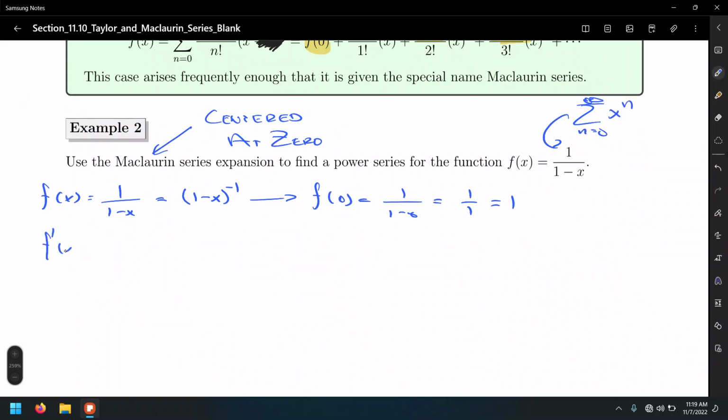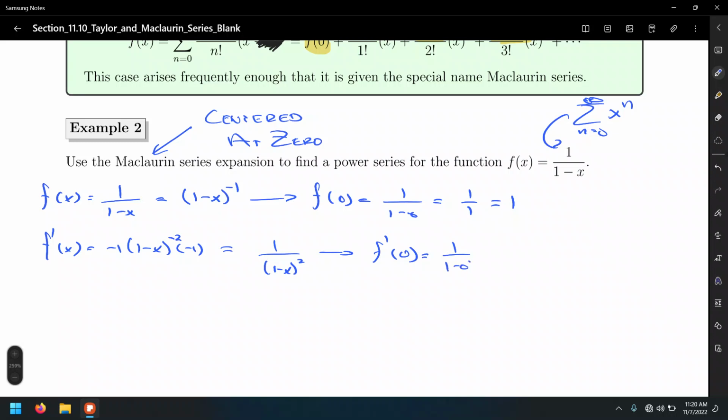So f prime of x. That's negative 1 times (1 minus x) to the negative 2 by the chain rule, times negative 1. Well, that's going to become positive, 1 over (1 minus x) quantity squared, and evaluate this to get f prime at 0.